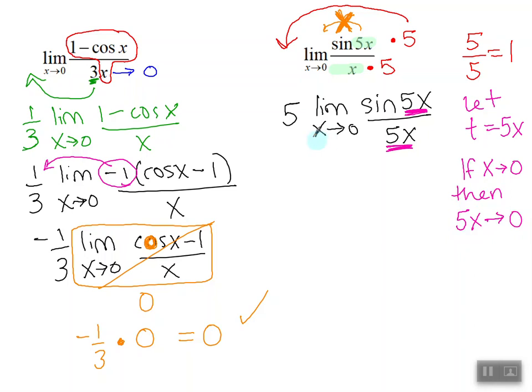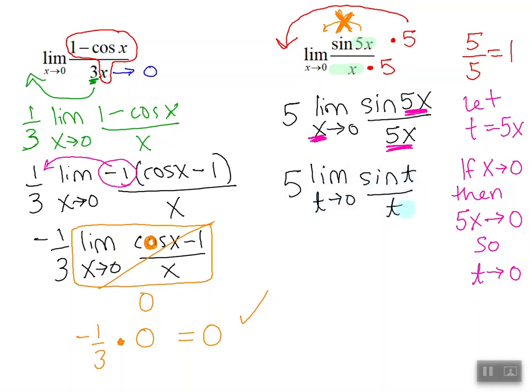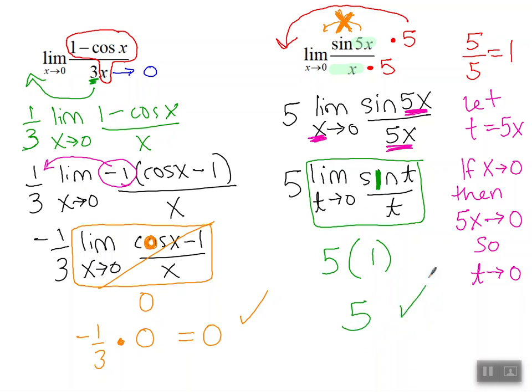Therefore, I can also replace this with t. t will also be going to 0. So now I'm going to rewrite my limit. 5 times the limit as t approaches 0 of sine of t over t. And now I see that special trig limit right there equals 1, and 5 times 1 makes 5. And I've done it.